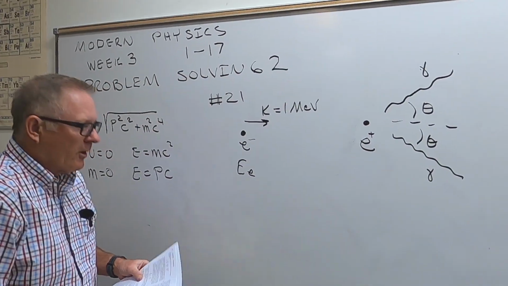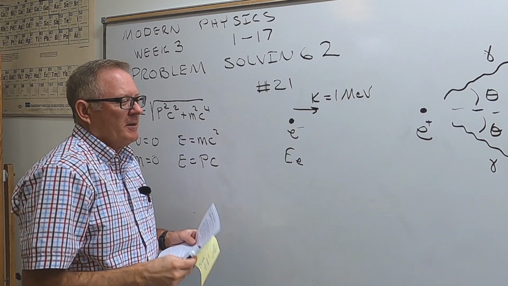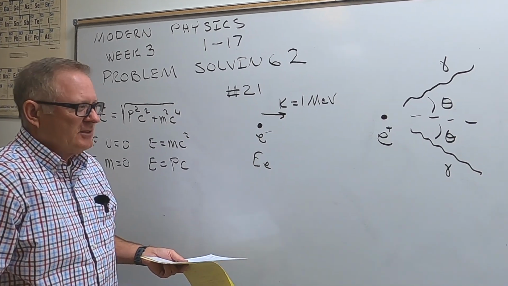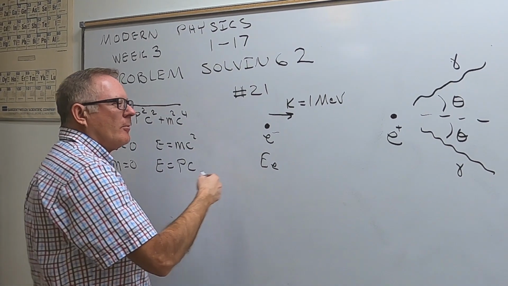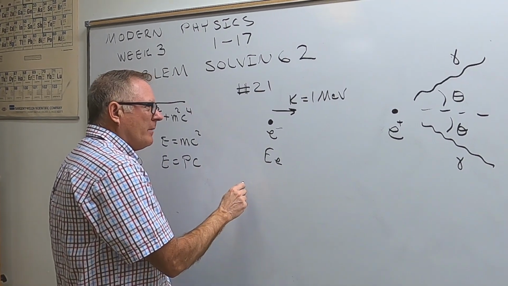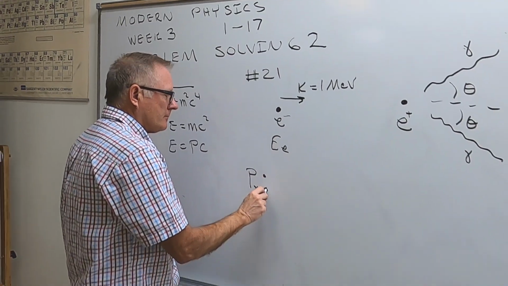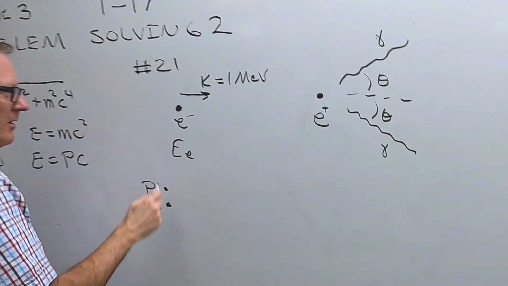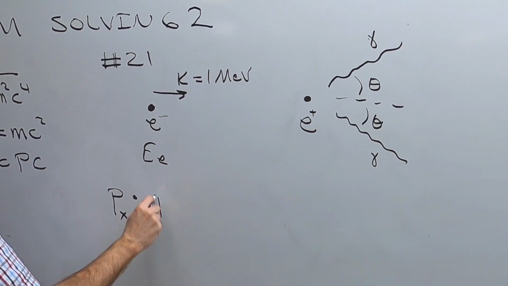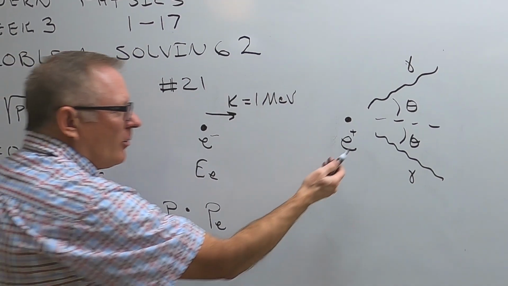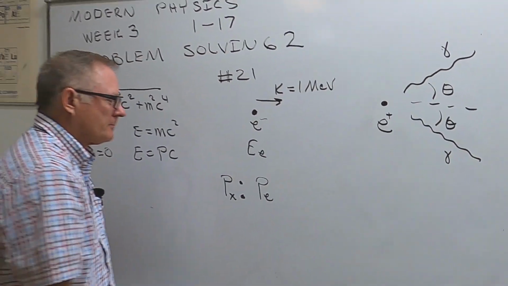Now, this looks like a problem that you do in classical mechanics. Again, it's a two-dimensional collision, so you just use momentum. Well, let's look at the momentum in the x direction. Well, we have the momentum of the electron, whatever, the positron has no momentum, it's at rest.